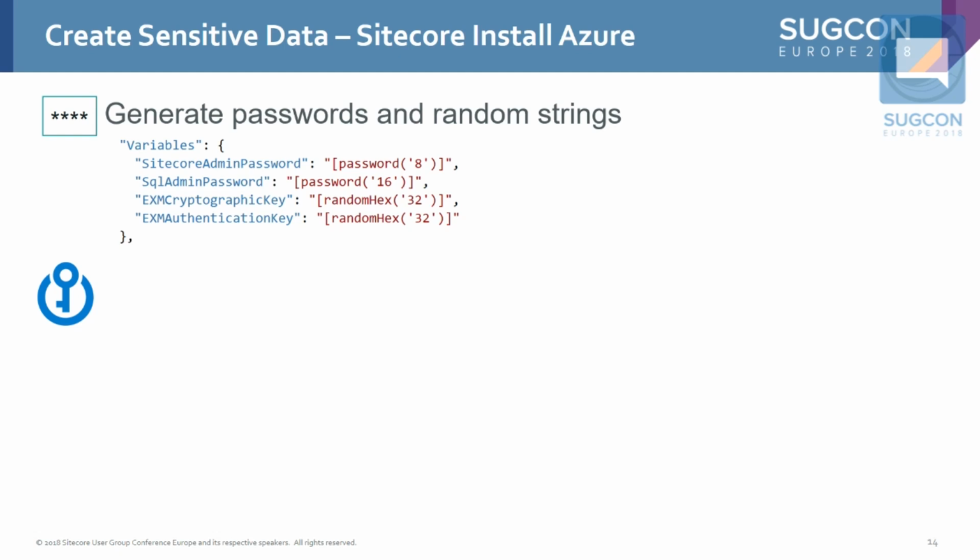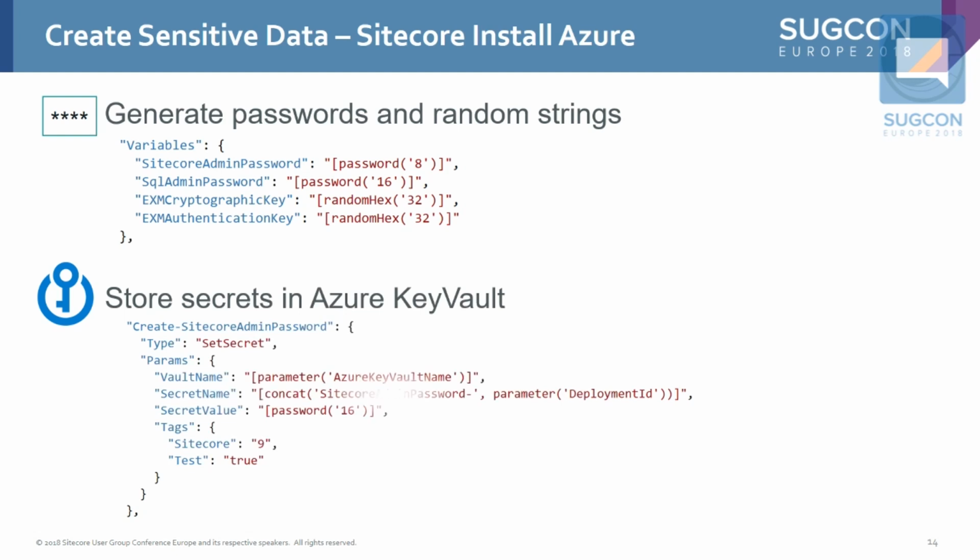The same for random hex. And we create a task, and this task is able to store this generated value in Azure Key Vault.